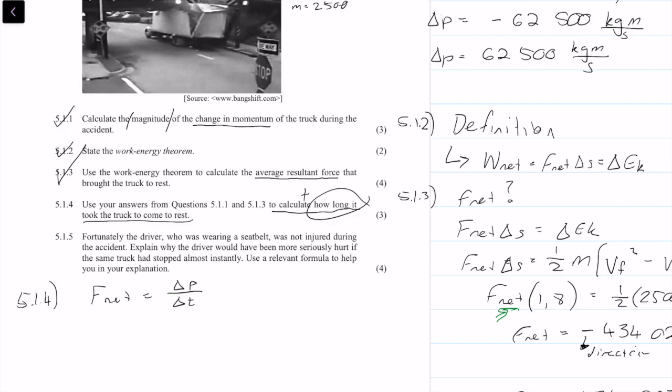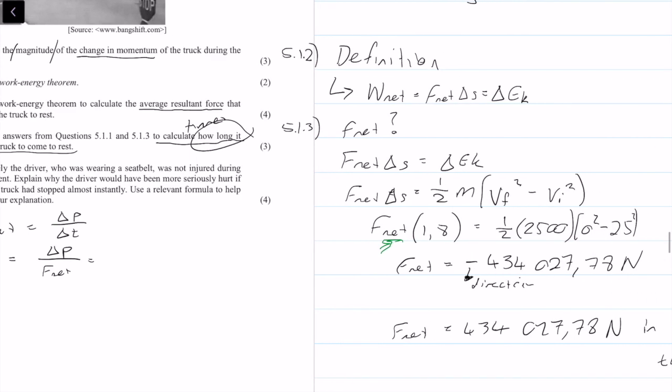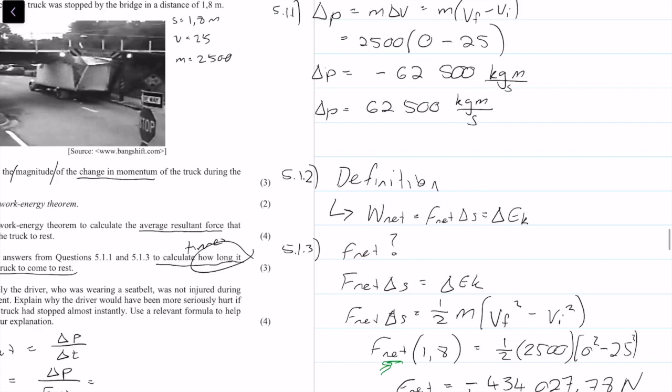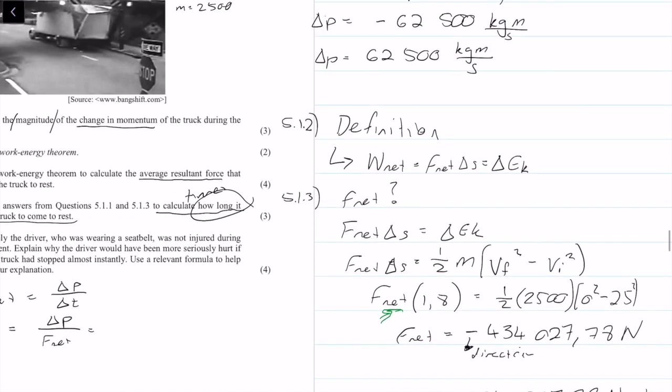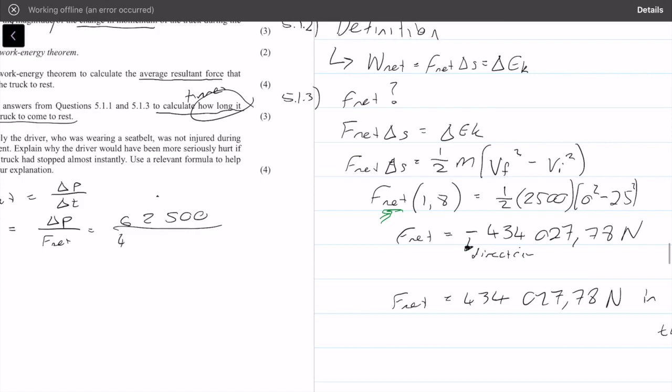How long is time? So we can change the equation to change in T is equal to change in P over F net. I'm going to use the magnitudes only because both of them have negative signs in them, so it's going to be 62,500 divided by 434,027.78.